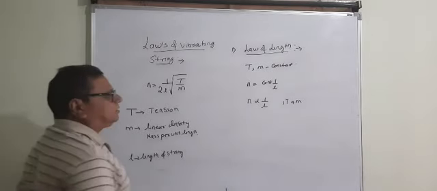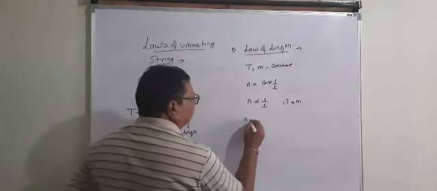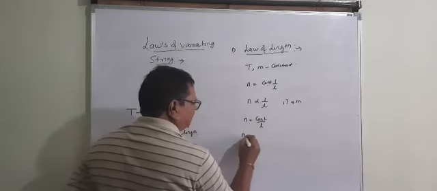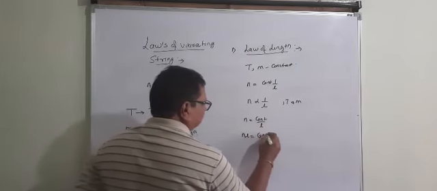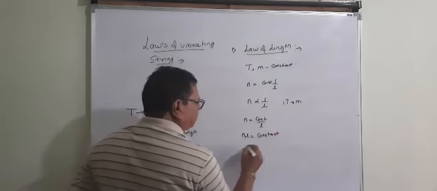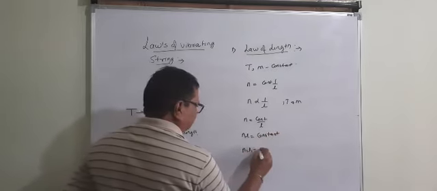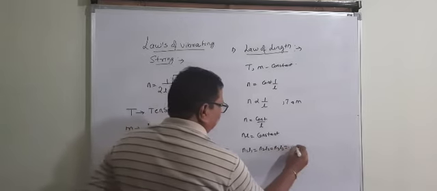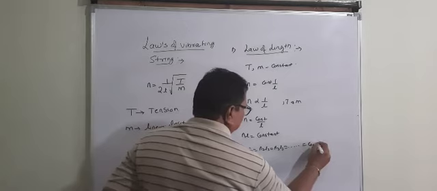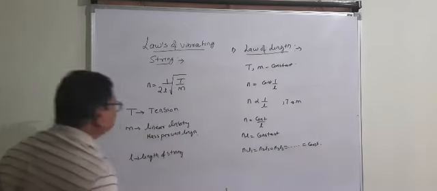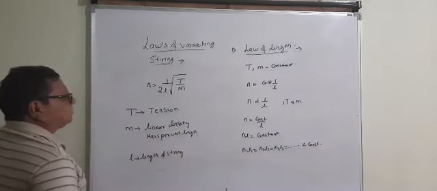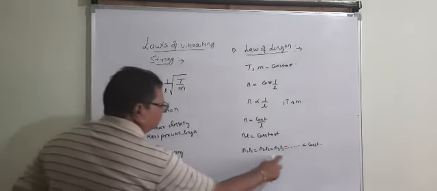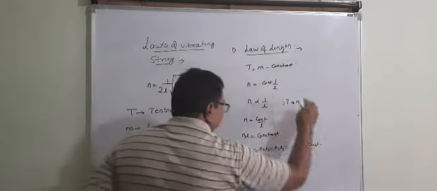Or we can generalize: n equals some constant divided by L, or nL is equal to constant. That means n1 L1 equals n2 L2 equals n3 L3 and so on, equal to constant. If the length is changed, the frequency changes, but the product always remains constant. That's the law of length.